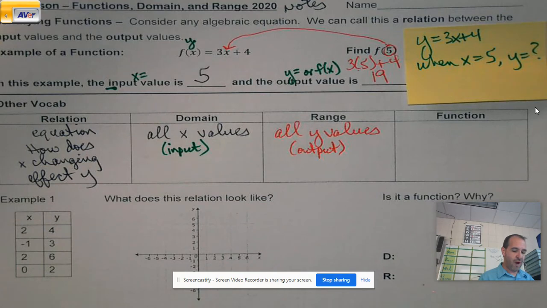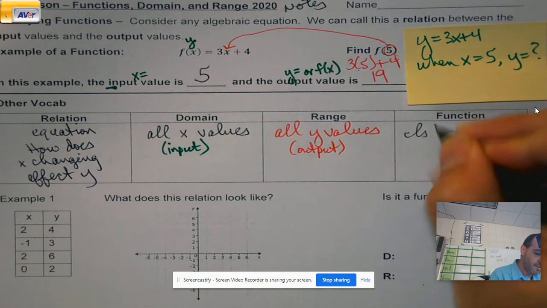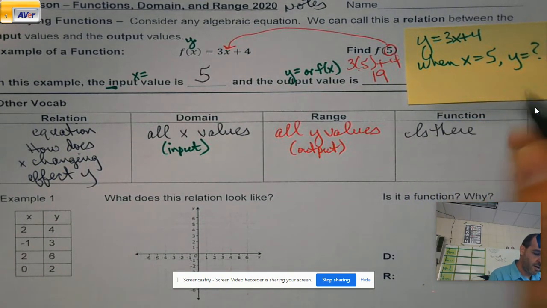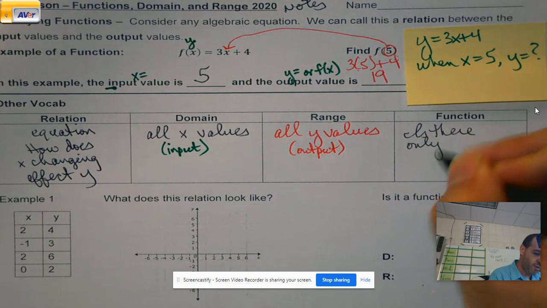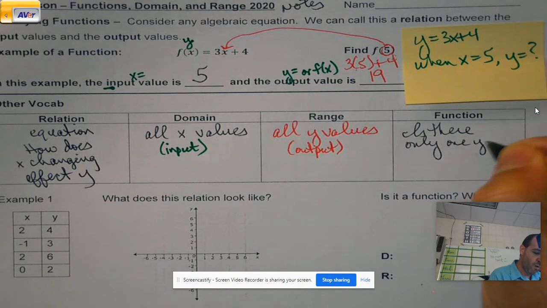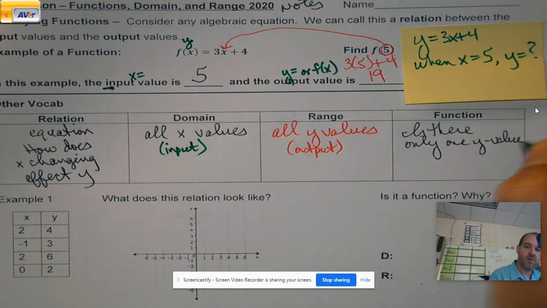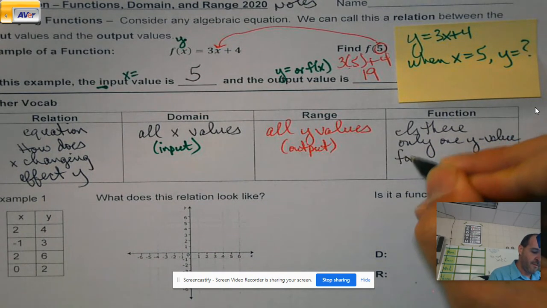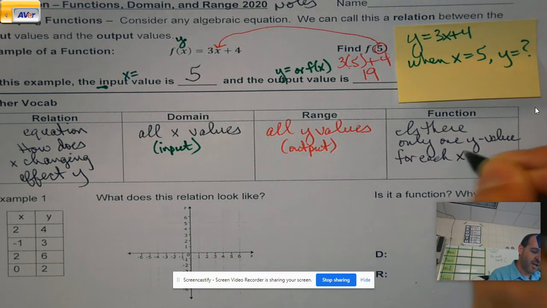And then, trying to determine if something is a function: is there only one y value for each x value?